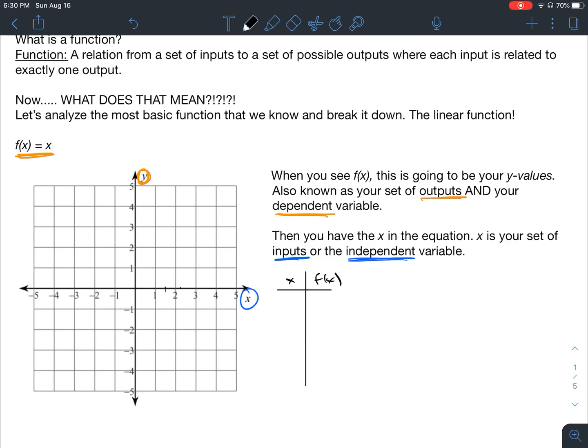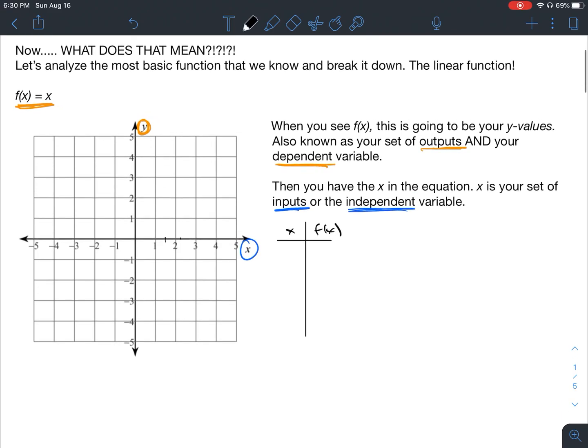Well, if we wanted to figure out what any value of f of x is, we would have to input a value into the function, right? Well, there you go. You have our input right here. X is going to be our input value because that is what we're putting into the function. And then whatever our equation comes out to be, that's our output. So that is what f of x equals, right?